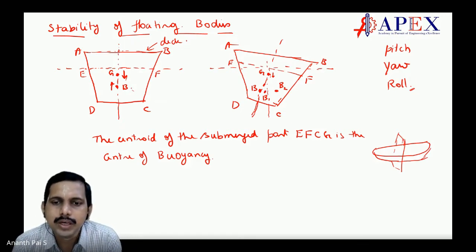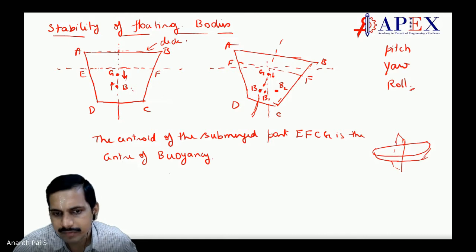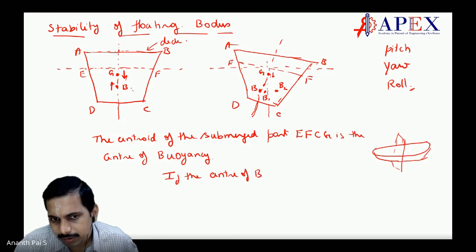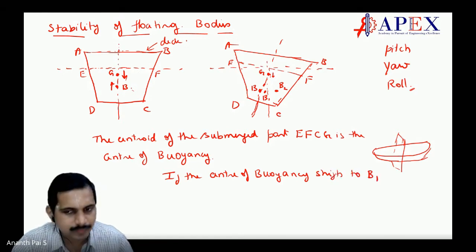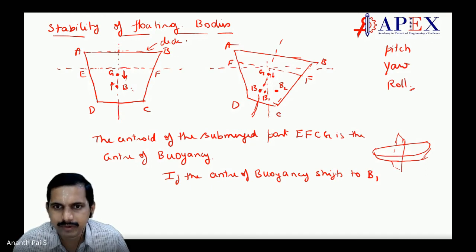Now if the center of buoyancy shifts to B1, what happens?